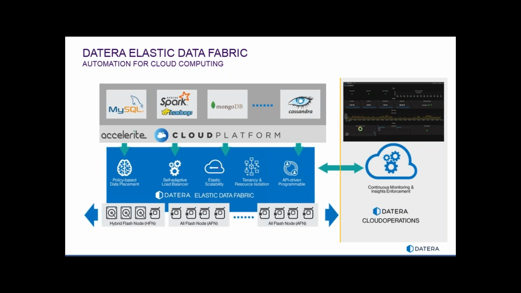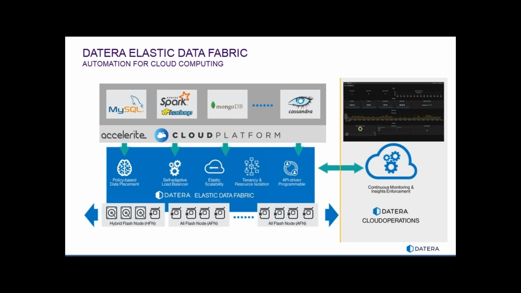The third thing is about scalability. Like I said, you can start small. You can start with 3 nodes and keep adding nodes as you grow. You can add all flash nodes. You can add different generations of platforms as new generations of hardware come out, all in the same environment. It will automatically resource pool the environment and give the appropriate tiers to the applications.